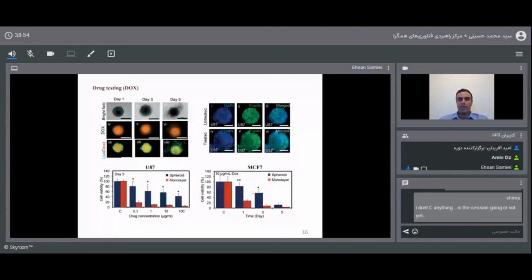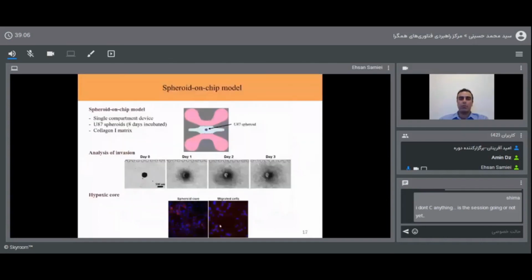Now, we have a more biomimetic tumor environment as tumor spheroids. And earlier I presented the tumor-on-chip platform. Then we realized that a combination of these two could improve the model and could form a more complex and more biomimetic tumor-on-chip model.